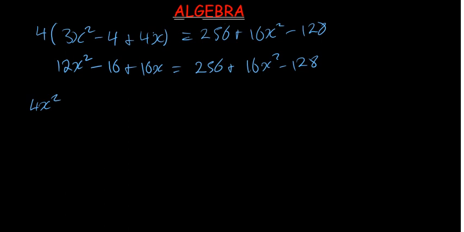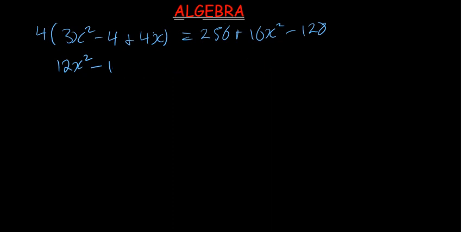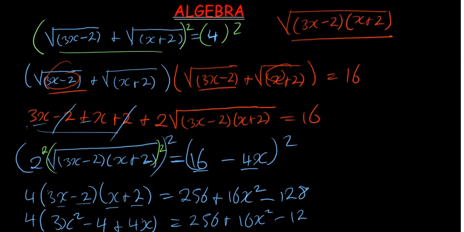For these two, we can say 256 minus 128. What we get is 128. I believe there's a part that we have left out. The 128 is supposed to have an x.